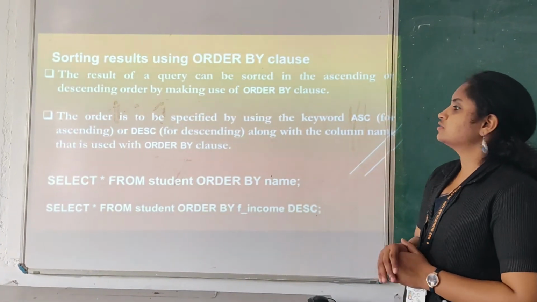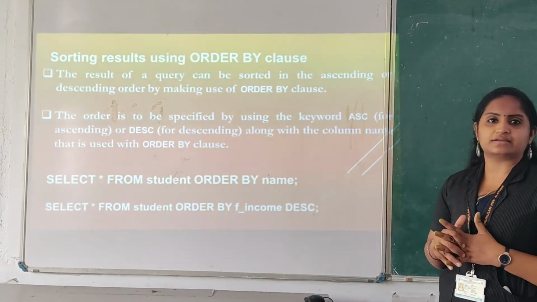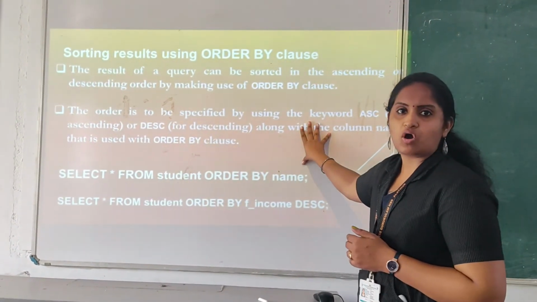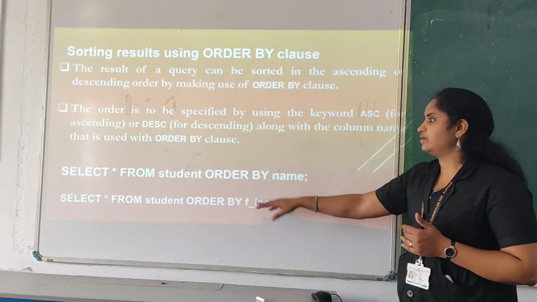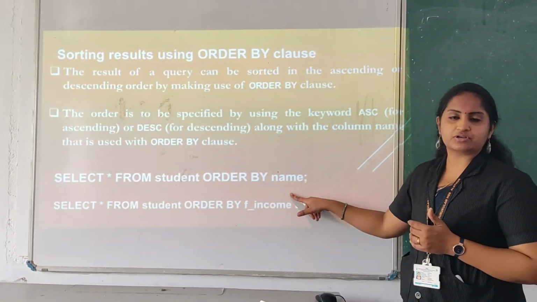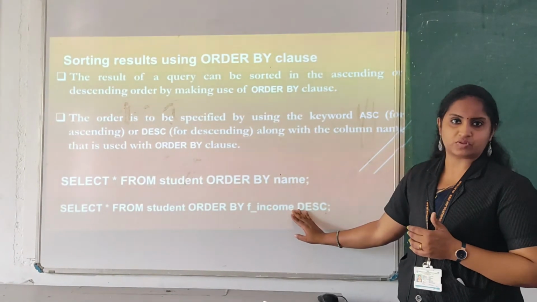And next one is sorting the contents. We have two sorting types, ascending and descending. So here we have a keyword ORDER BY. Here you can see the example: select * from student order by name. According to the name, in that order you get the list or the output.